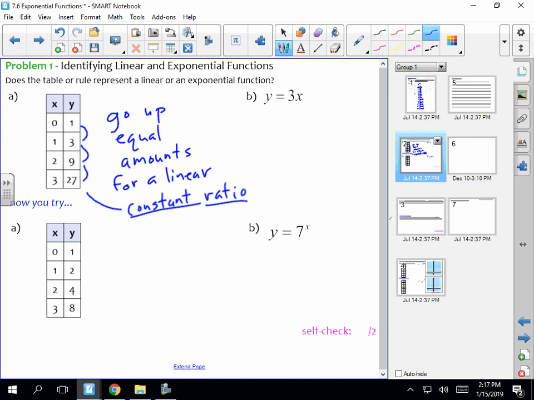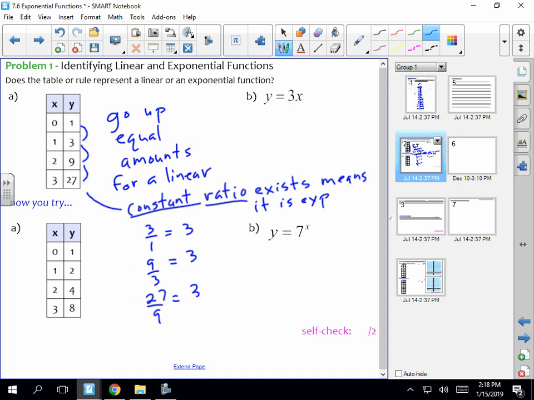The constant ratio can be found by doing the following. You take 3 and divide it by 1, and you'll get 3. Then you go to the next one, which is 9. Take 9 divided by 3, and you get 3 again. And if I take the next one, 27 divided by 9, look what I get. 3 again. So the constant ratio exists. That means it is exponential.